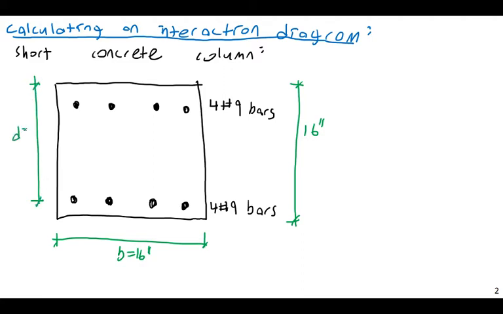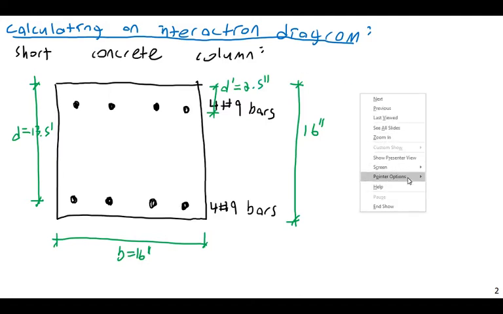So D here is going to be 13.5 inches. And then D prime, which if you recall, is the distance to the compression reinforcement. D prime here is going to be 2.5 inches.